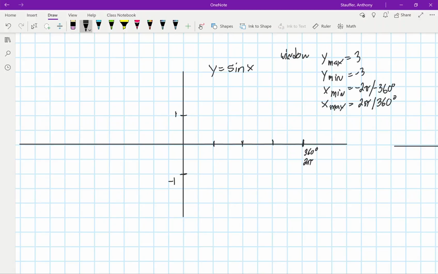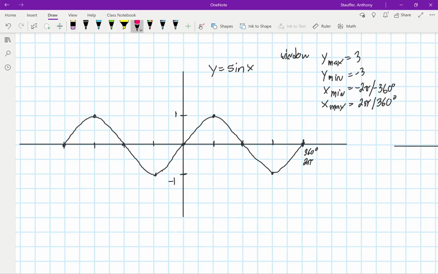Then for y equals sine x, it starts here, it goes to the top, goes to the middle, goes back down to the bottom, and then goes back to the middle. So we get a curve that looks something like this. Same thing, if I go backwards on this, it goes to the bottom, goes to the middle, goes to the top, and goes back to the middle. And this is what we'd call our sine wave.